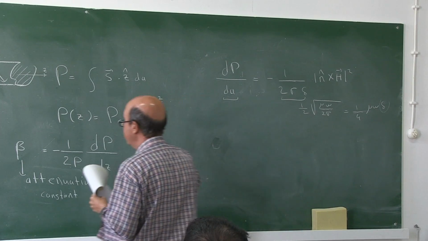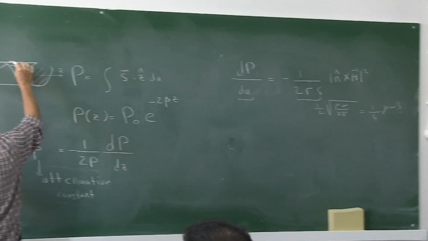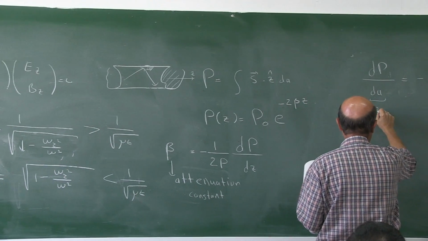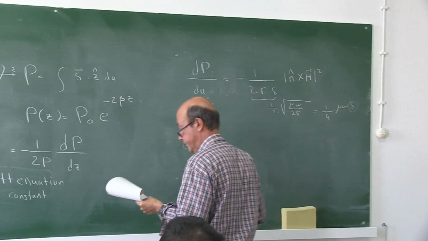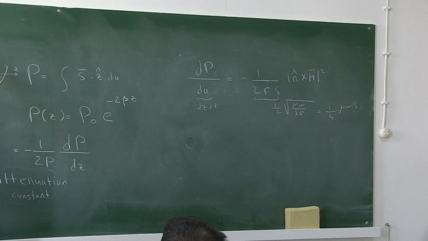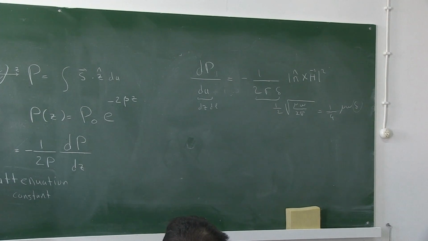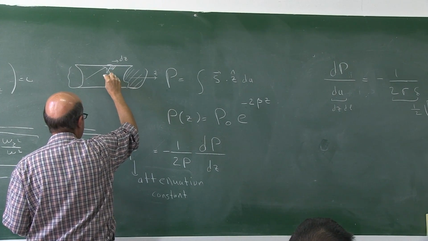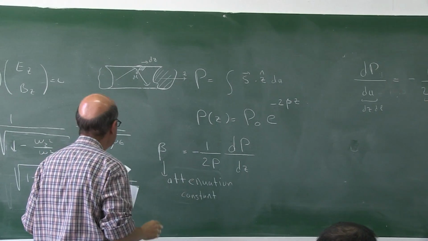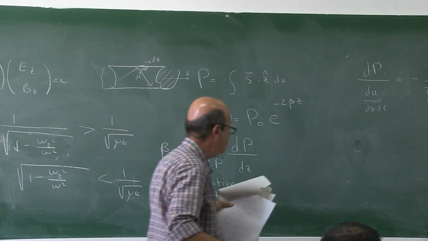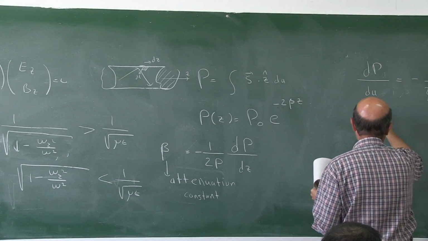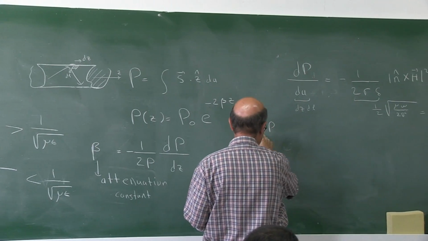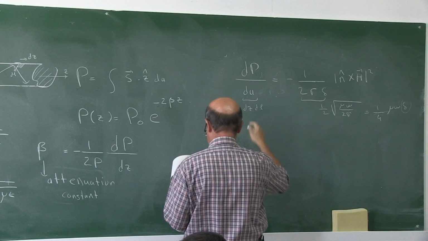The area is the area element on the guide, and that is nothing but dz times dl, where dz is the propagation element in the z direction, and dl is the arc element on the guide. So if you write the area element as dz times dl, then you can obtain that the power loss per length is an integral.